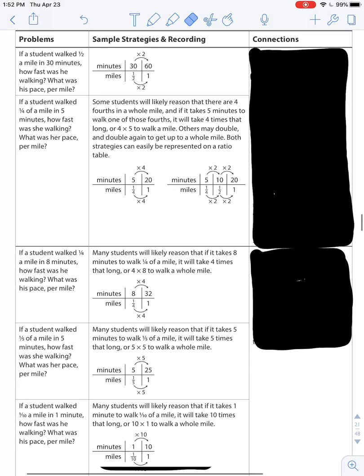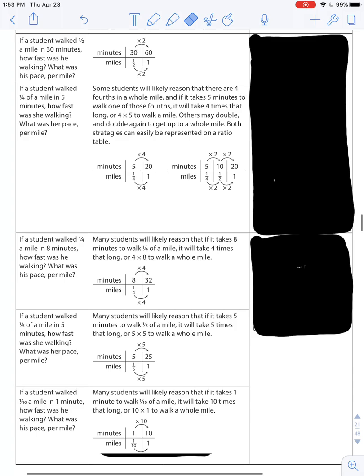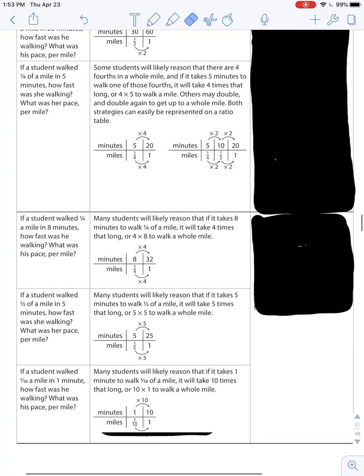And the solution here is 1 minute in 1/10 of a mile. And so we're going to multiply those by 10. We're multiplying the top and the bottom by 10. And so we end up with 10 minutes to walk 1 mile.